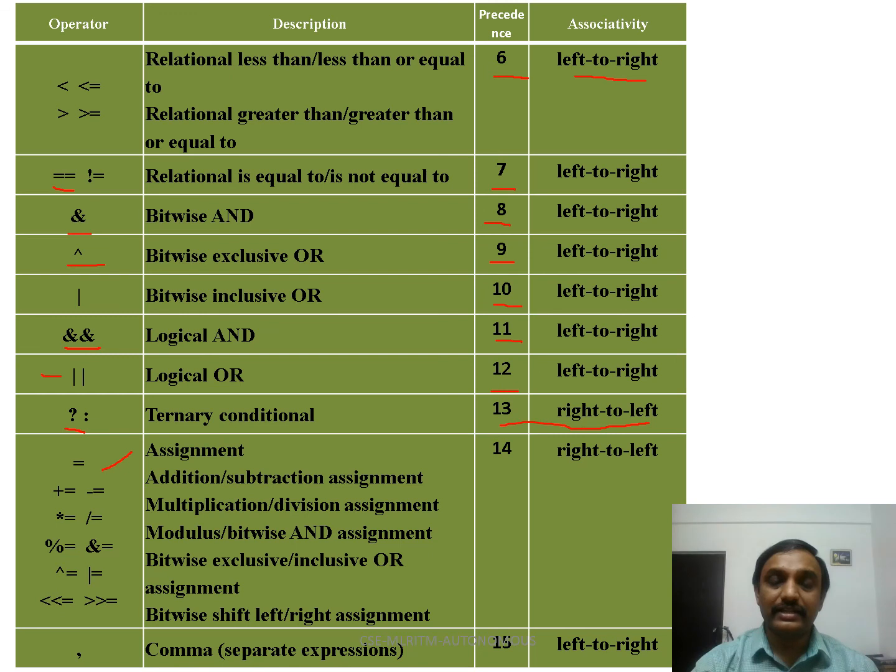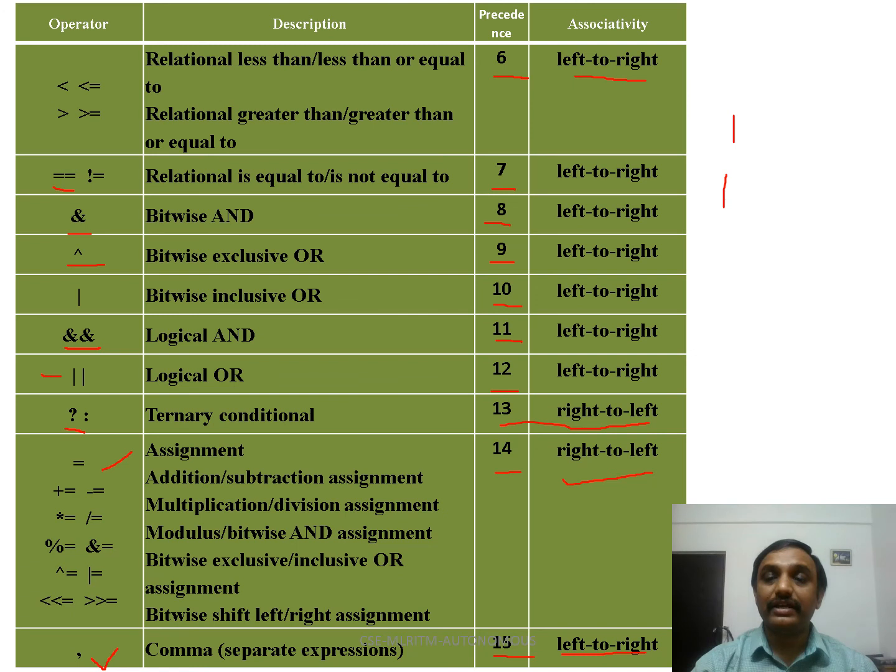And then there is the assignment operator. These are all shorthand assignment operators. The 14th precedence and right to left associativity. Last one is a separator, that is a comma operator, whose precedence is 15, which is the least value, and associativity is left to right in this case. Okay, so the operator which has precedence value 1 has the highest precedence.